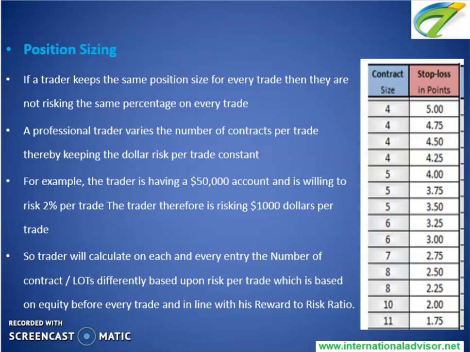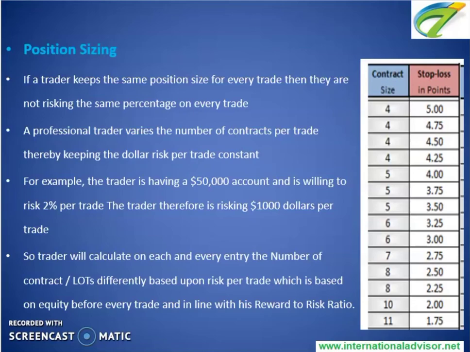This is a 1-to-1 reward to risk ratio. So after understanding these two concepts, let's move forward to this third one, position size. Once we have locked, for example, 2% risk per trade and our reward to risk ratio is, for example, minimum 1-to-1 or better, what should be the position size?